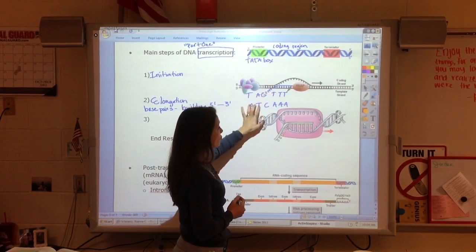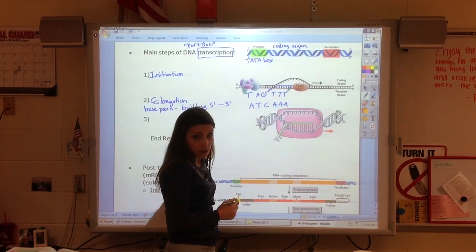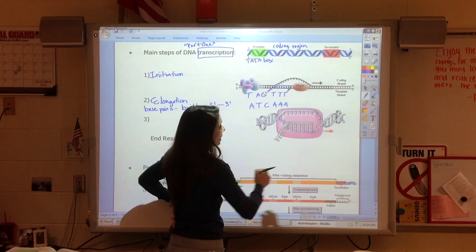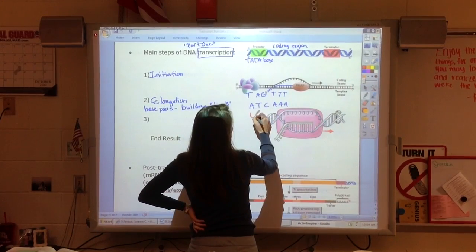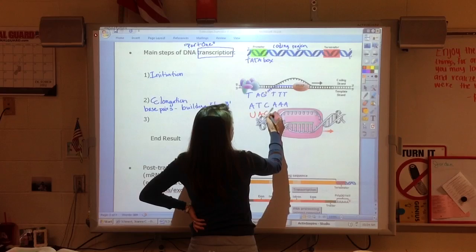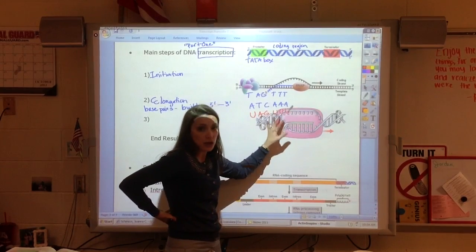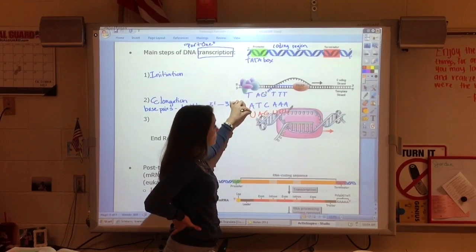If we wanted to transcribe, then we know we use RNA base pairs. This is why we really needed to know the structure of RNA. And so then our RNA would actually be U, A, G, U, U, U. And this is transcription. It's using a template to attract base pairs.